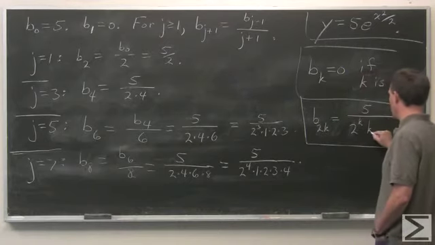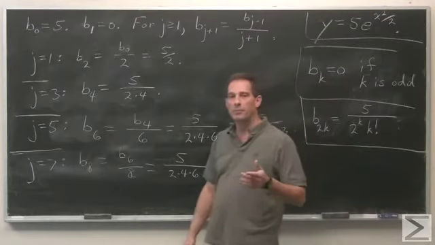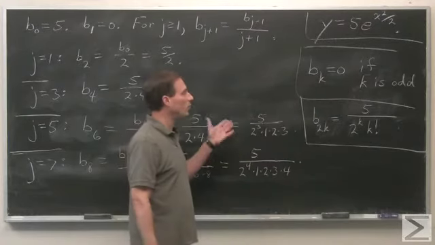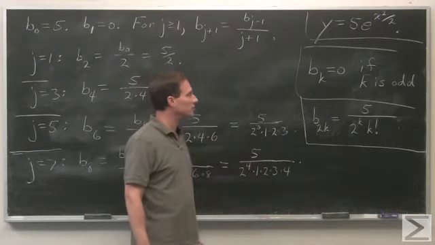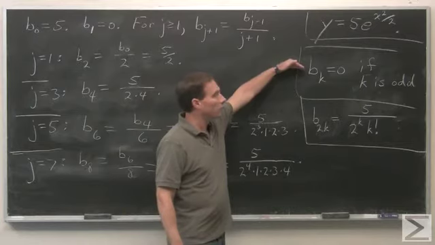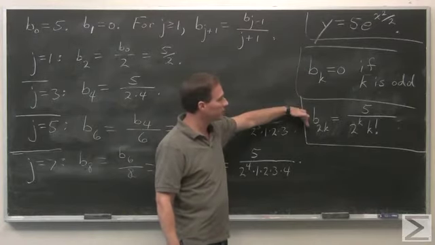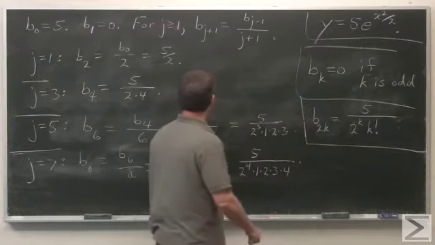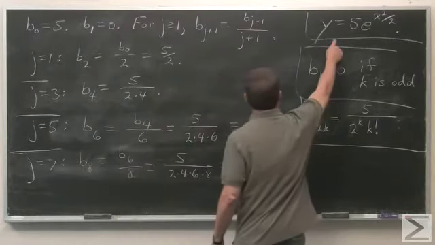That tells us the whole series. It tells us all the coefficients in the series. All the odd terms are 0, and the even coefficients are given by this. This is exactly what you get for this series.